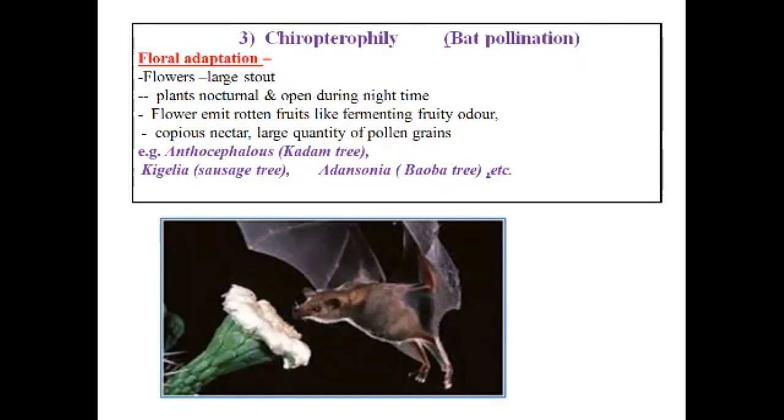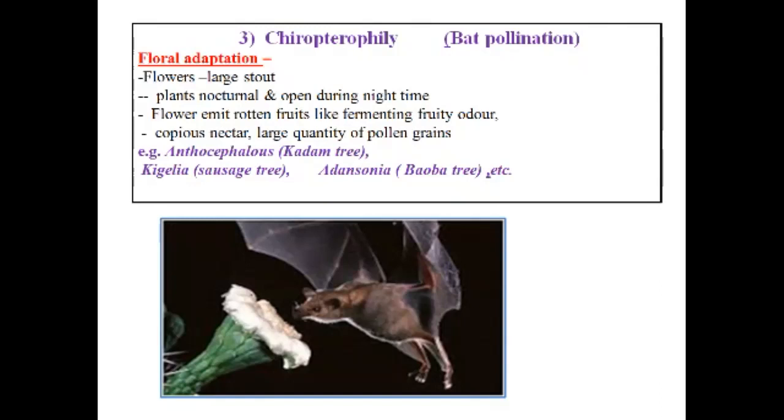The flowers pollinated by bats are known as chiropterophilous flowers. These flowers open at night. Flowers are large, strong, or stout. The flowers open at night, so they are called nocturnal.